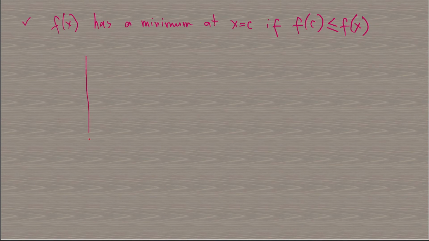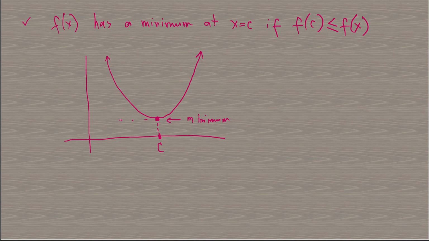For example, in a Cartesian plane, if we have a graph which is a parabola that opens upward, you will easily identify this point here as the lowest point, and that lowest point is the one that we call the minimum. Like the previous example, this point came from a value from the x-axis, and that is what we call c, and its corresponding ordinate from the y-axis is f of c, of course.